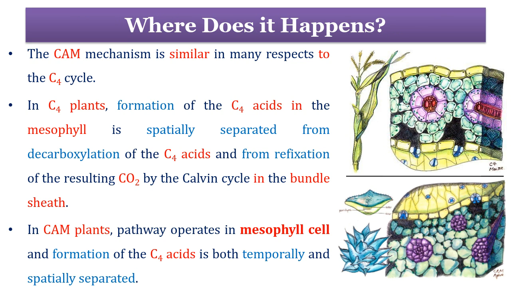Whereas in CAM plants, the pathway operates in the mesophyll cell as we have said earlier, and formation of C4 acid is both temporally and spatially separated. Temporally means by time, spatially means by space. This we are going to discuss in the next slide.